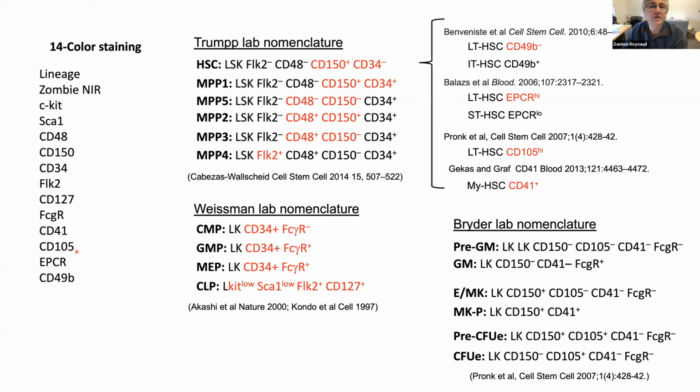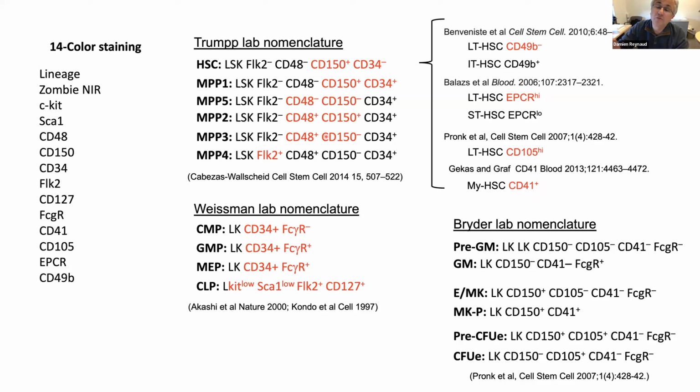So with these 14 colors, you have direct access to the nomenclature of the Trumpp lab, which describes a basic HSC compartment and several multipotent progenitor compartments. This also allows us to decipher this HSC compartment even more by using the other markers which are available and described in the literature, such as CD49B, EPCR, CD105, and CD41.